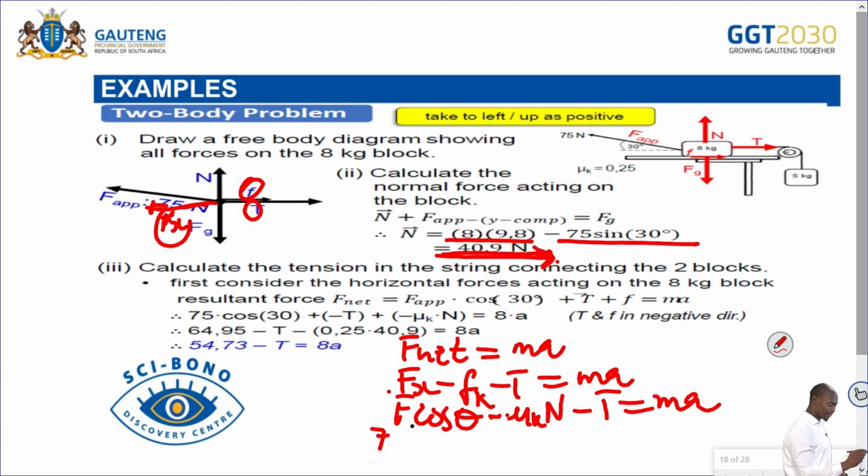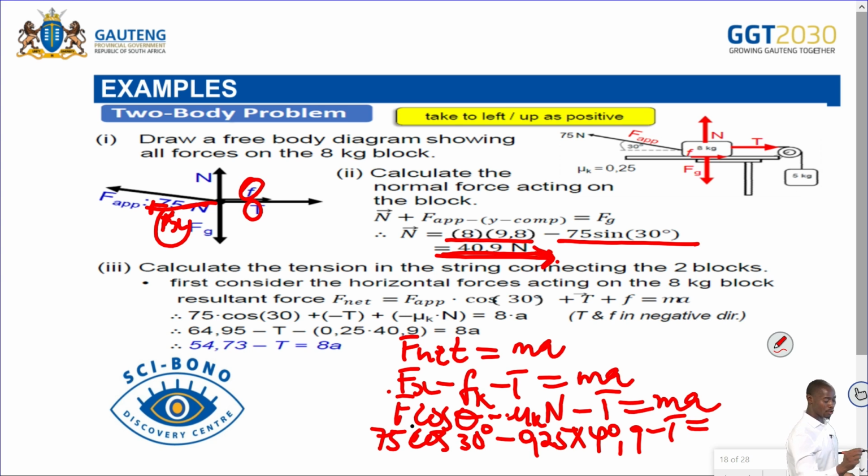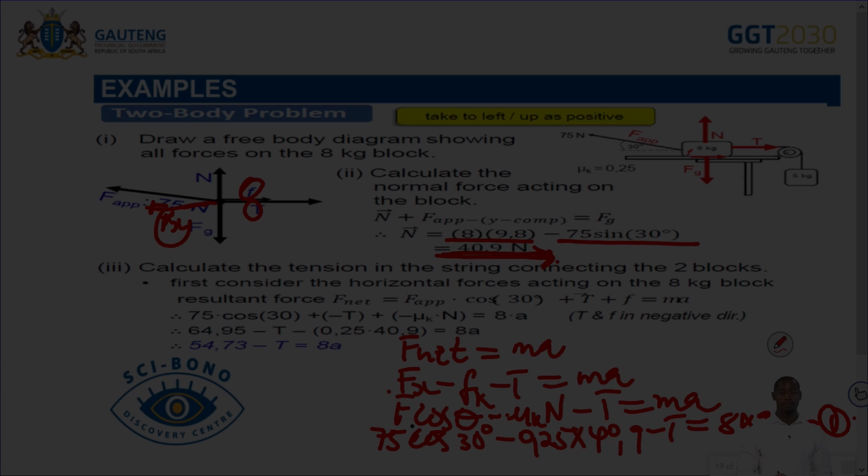So my F is 75 cos 30 degrees, minus 0.25. Already I've calculated the magnitude of the normal force, which is 40.9, minus tension equals, what is the mass? 8 times the acceleration, and I don't have the magnitude of the acceleration. So that will be my equation 1, all right?